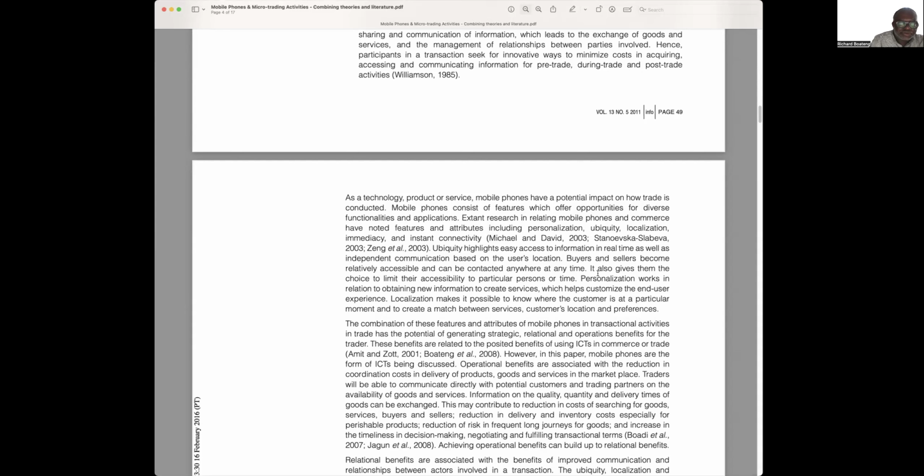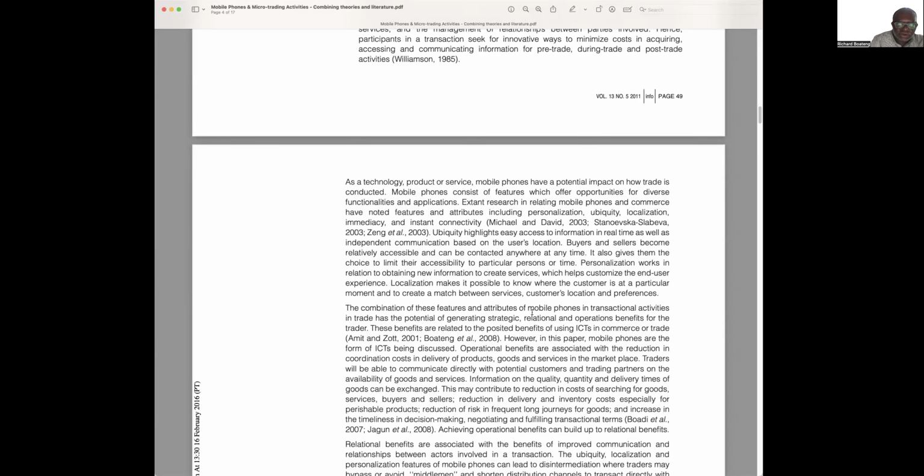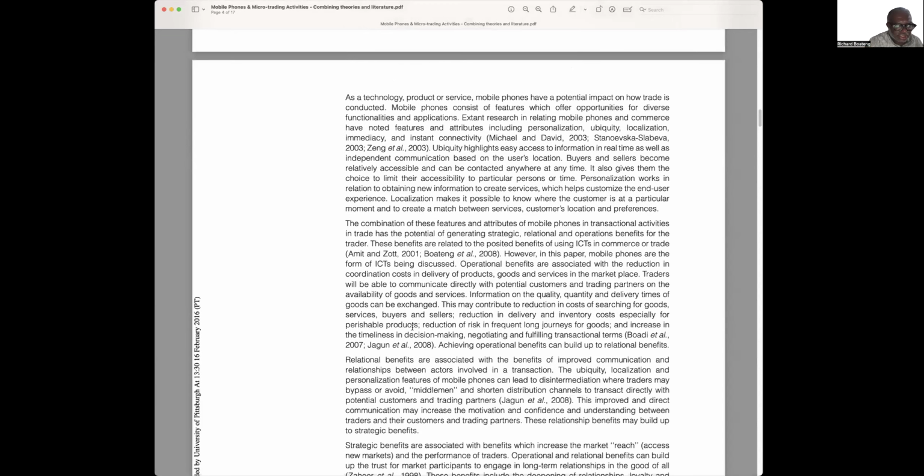The combination of these attributes and mobile phones in transaction activities and trade has the potential of generating strategic, relational, and operational benefits. These benefits are posited to be the benefits of using ICT in commerce or trade. However, in this paper, mobile phones are the form of ICT being discussed. Operational benefits are this. Then they have relational benefits, and then they have strategic benefits.